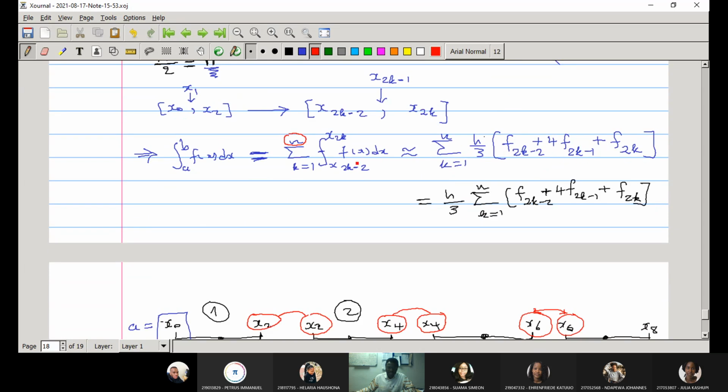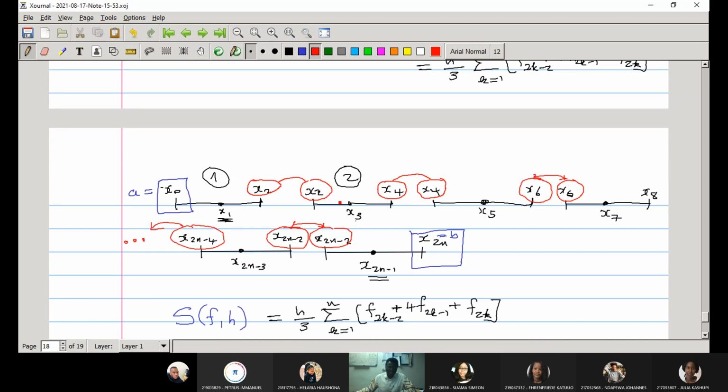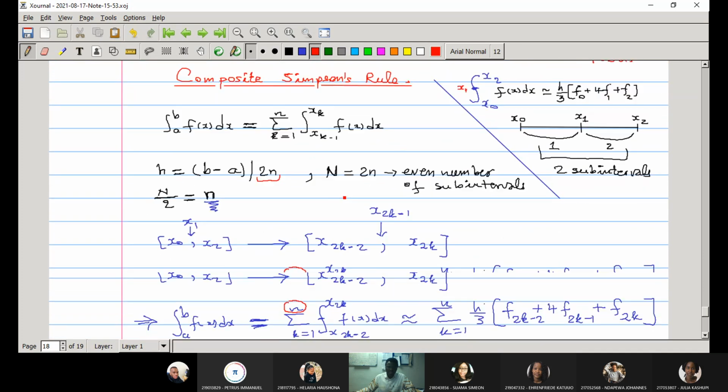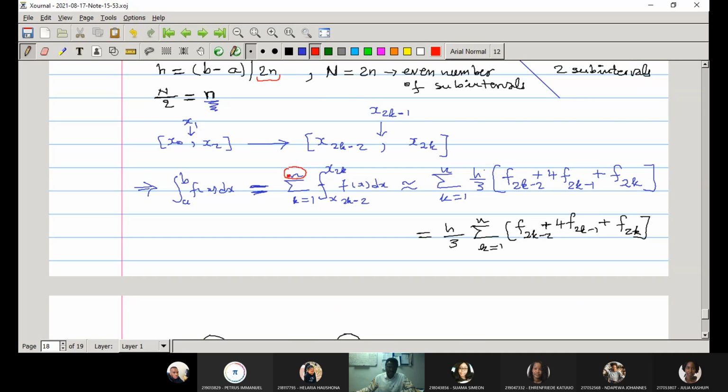In this sub-interval, we have three points: x sub 2k minus 2, the middle point 2k minus 1, and the other end point x 2k. And that is exactly what I represented here.